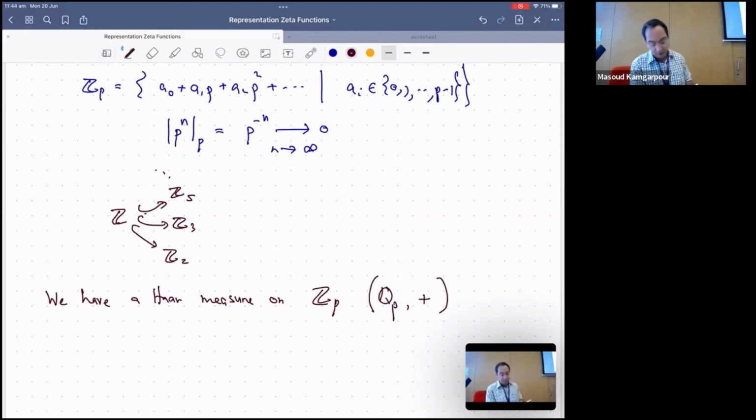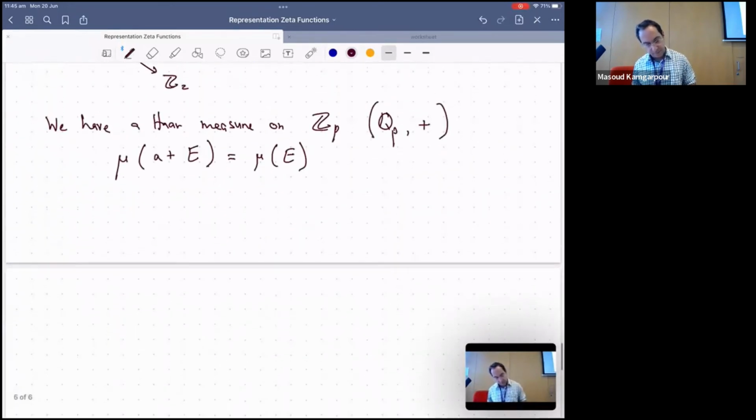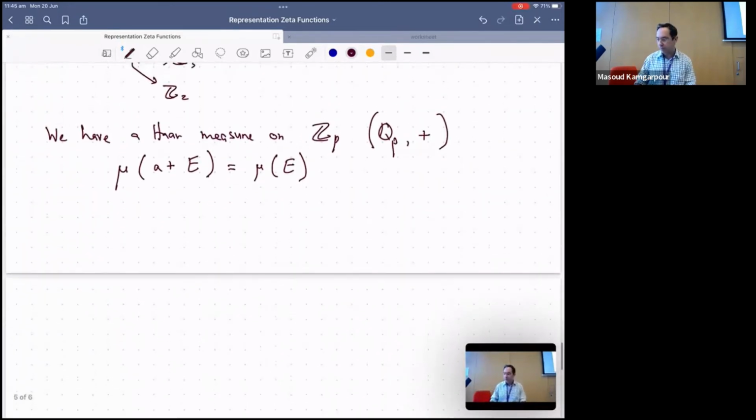So we have a Haar measure. So we have a measure such that for every measurable set, the measure of the set is the same when you translate. That's the analog of the Lebesgue measure. If you haven't seen topological harmonic analysis on locally compact groups, I will talk a little bit about it.